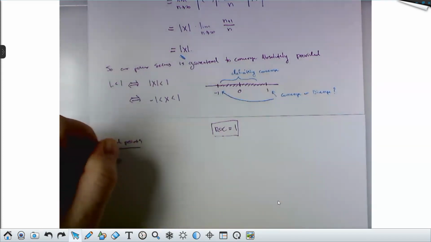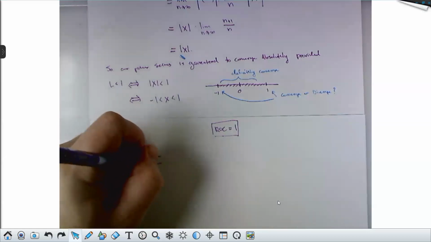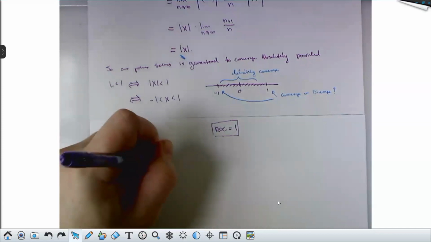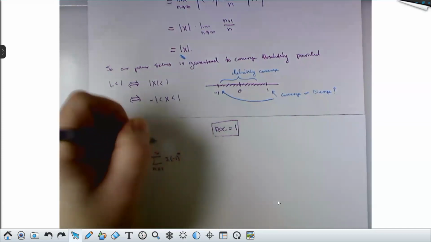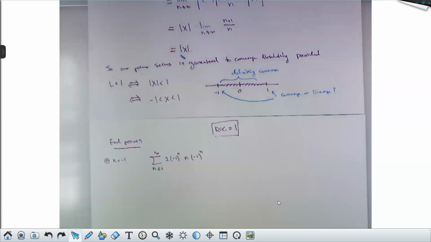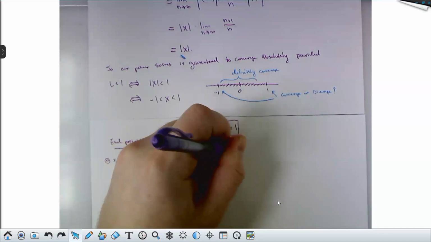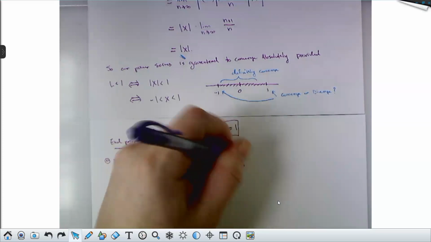If I plug in -1 to my series, it becomes sigma n from 1 to infinity, 2 times -1 to the n times n times -1 to the n. And you can probably smell it already. The 2 pops out.